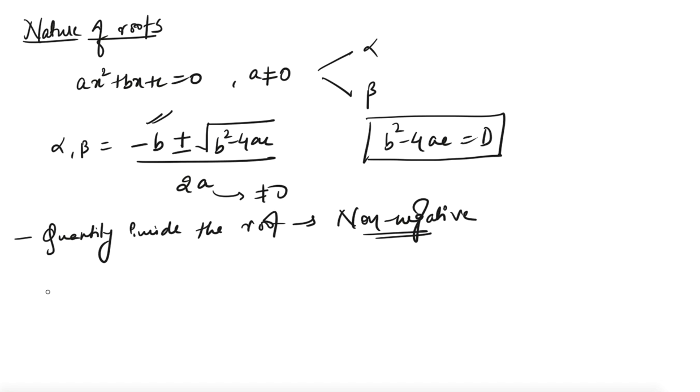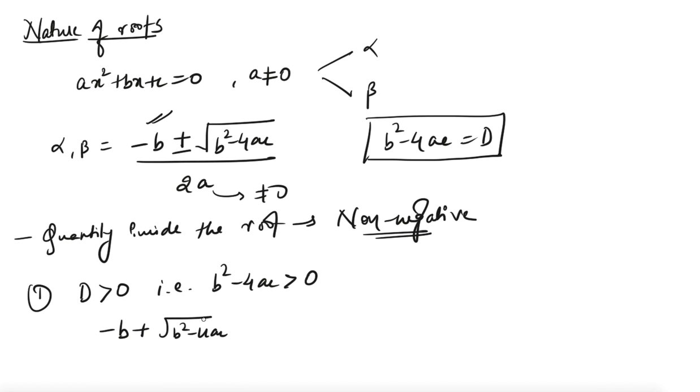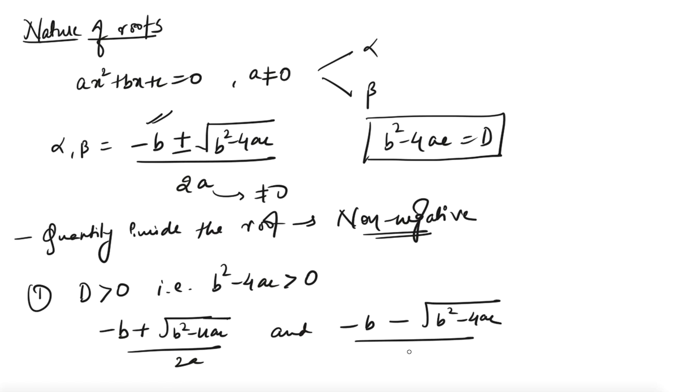Okay, so let us take the first case when D is greater than 0, that is b square minus 4ac is greater than 0. If this is greater than 0, then everything is fine. You will have different roots: minus b plus under root of b square minus 4ac by 2a, and minus b minus under root of b square minus 4ac by 2a.